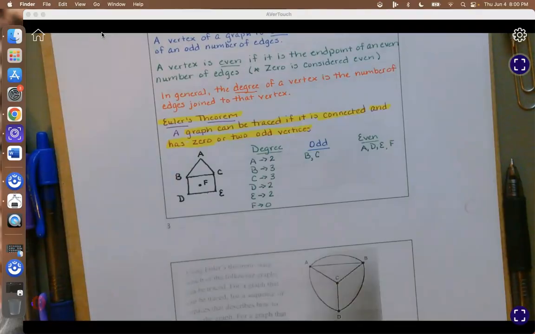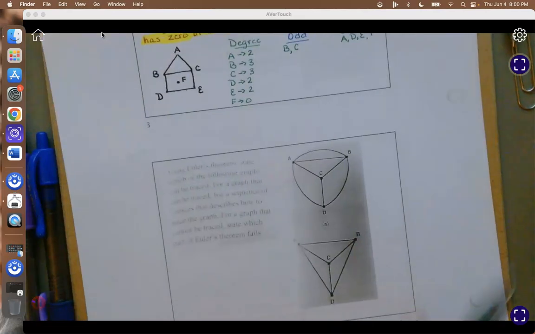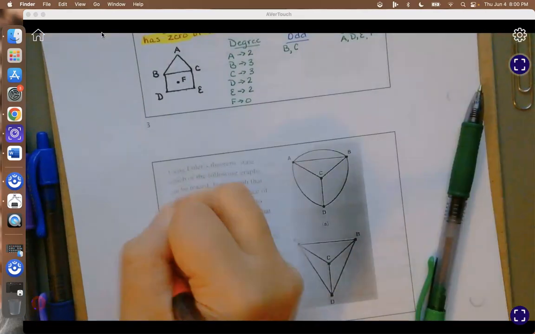So I can get to any vertex. The reason this didn't work is I can never get to F. Okay? All right. So we're going to have to do our degrees and our evens and odds to see.